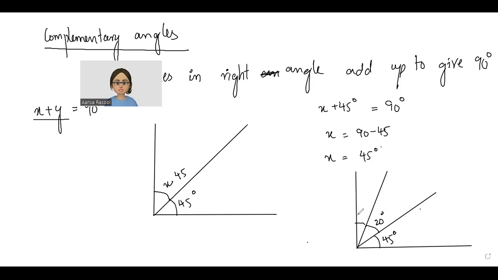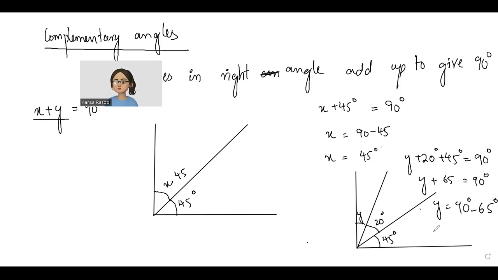Now they will ask you what is the angle Y. We know that all angles in a right angle add up to give us 90 degrees. So Y plus 20 degrees plus 45 degrees will add up to give us 90 degrees. So Y plus 65 degrees is equal to 90 degrees. Y is equal to 90 degrees minus 65 degrees. So what would be the answer? 25 degrees. So angle Y is 25 degrees. I hope you understand it.